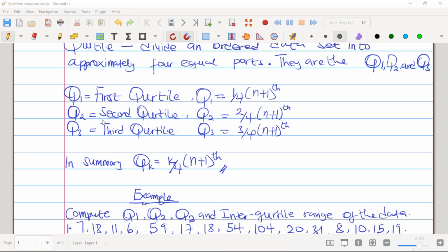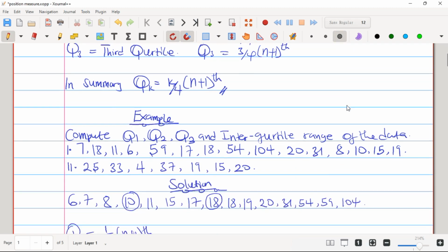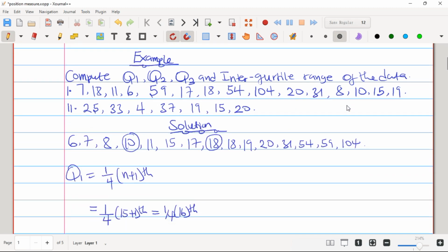So let's go through some examples for us to really understand what we have just discussed. Here we are saying: compute the first quartile, second quartile, third quartile, and interquartile range of the data.